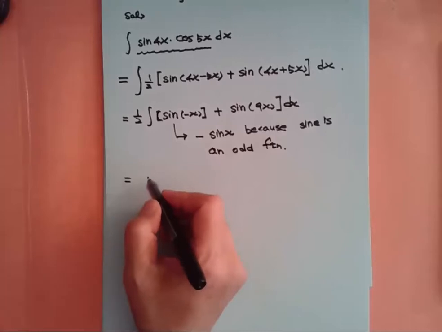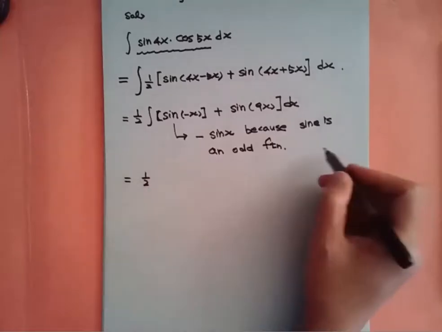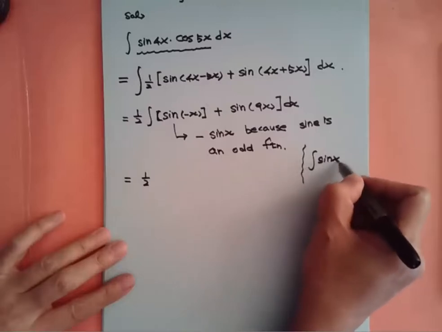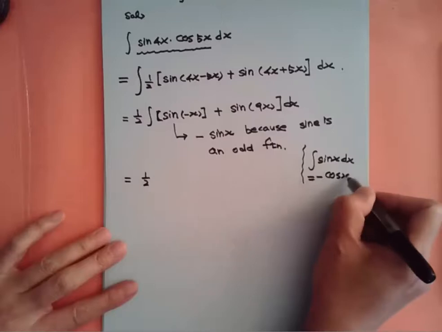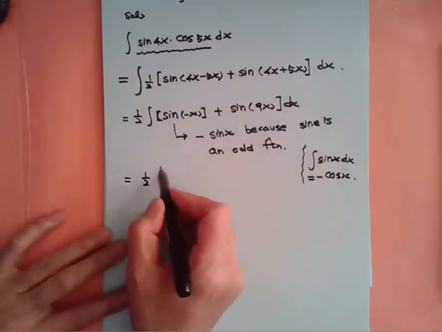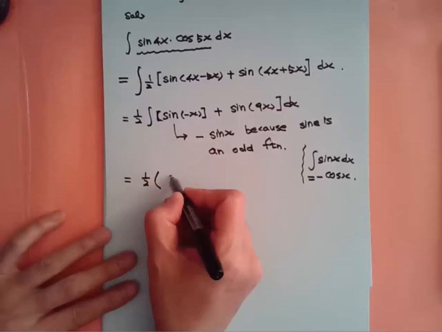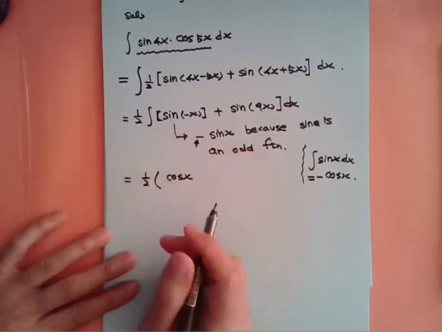And then we will apply the formula for the sine. Integration of sine x dx is negative cosine x. So for the first one, that becomes cosine of x because there is a negative in front of that.